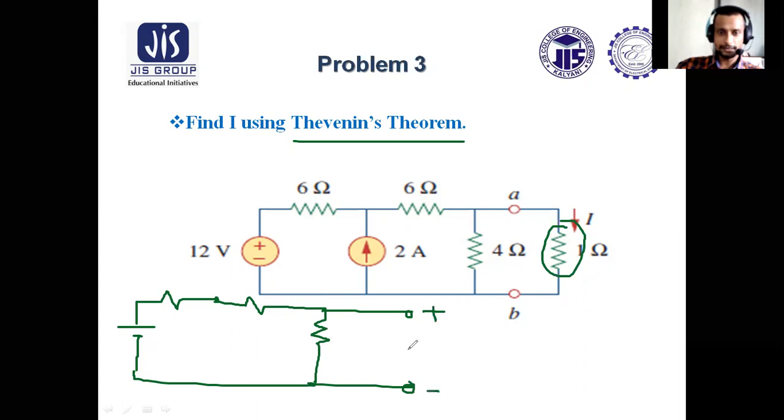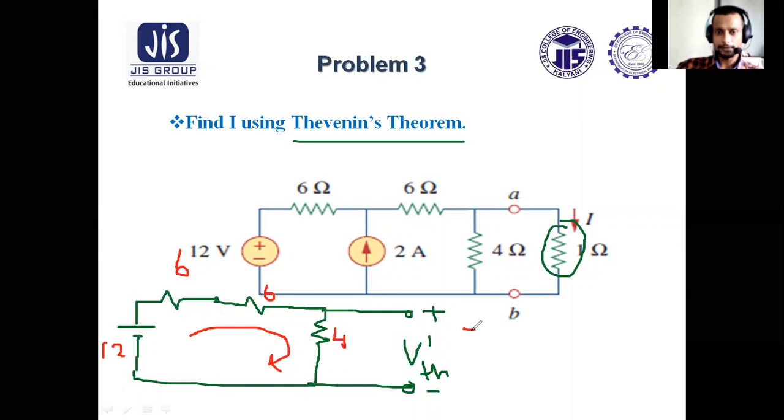This should be VTH for the 12 volt source. So let us consider VTH dash. So these are the values. Now current will be flowing through this path only. So what is the current? This is 12. 6 plus 6, 12, plus 4, 16.